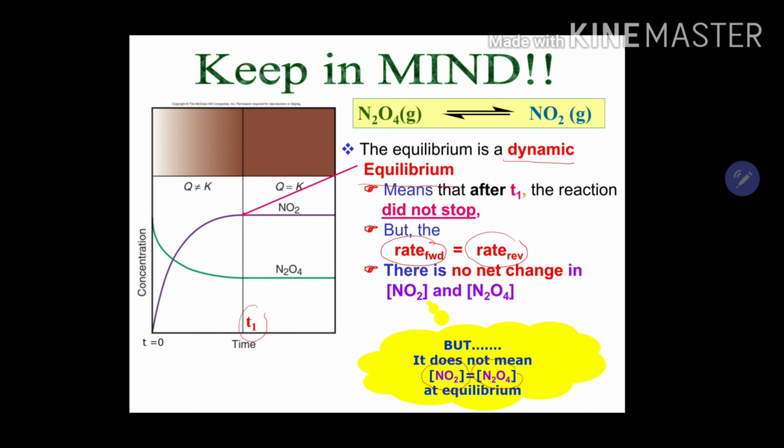Okay, let's say the initial concentration of N2O4 here is 1.0 molar.